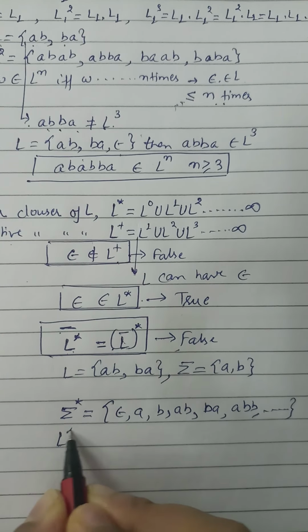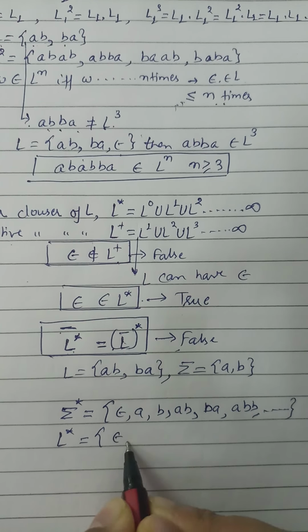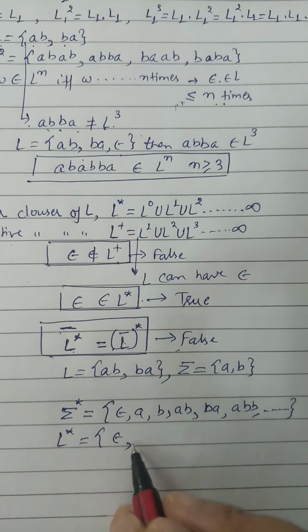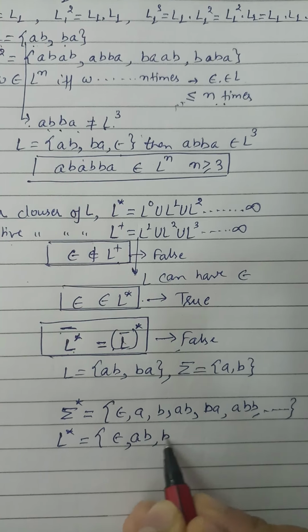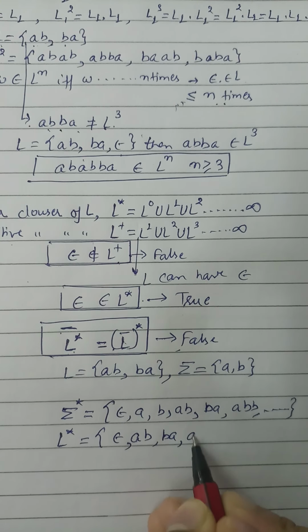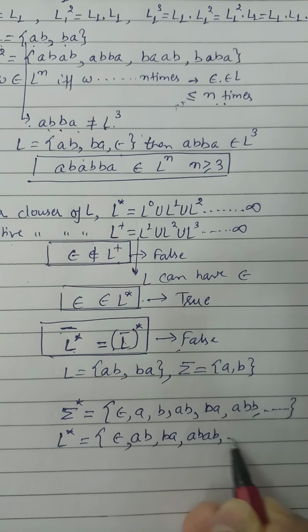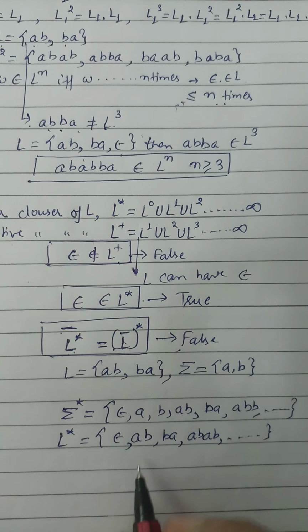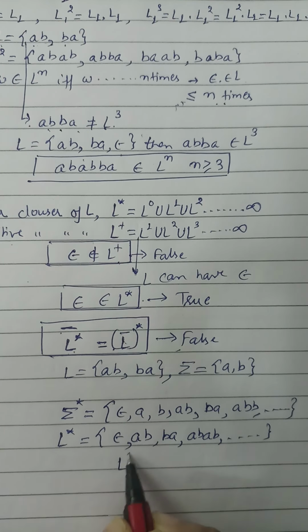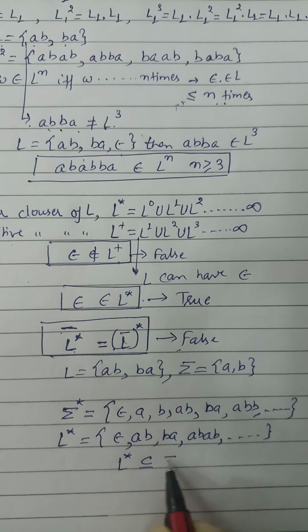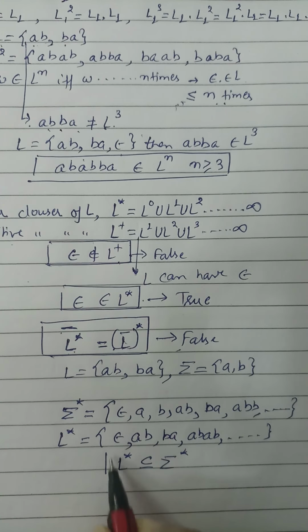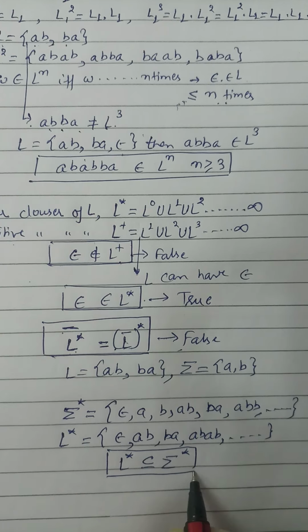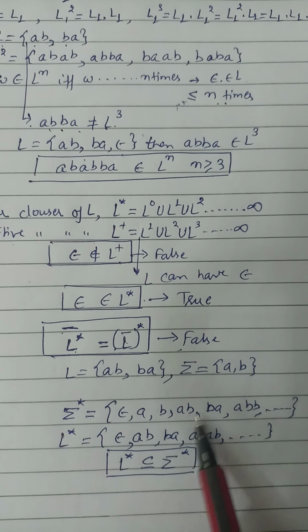And L star will be epsilon, AB, BA, ABAB, and so on. So here we can clearly see that L star is a subset of alphabet star, because alphabet star contains all the strings, but L star contains limited strings.